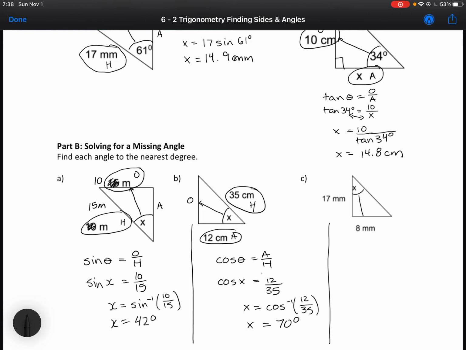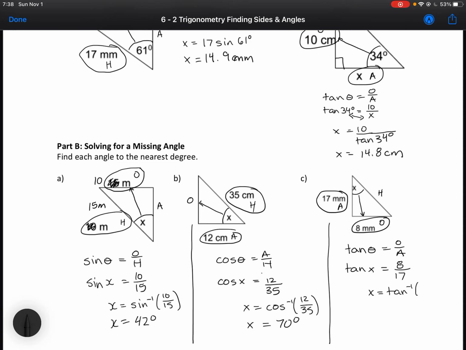Our final example here starts with x, and we're going to identify our sides, opposite, adjacent, and hypotenuse. You don't need to write this down every time, but it is helpful when you are first starting out. Here we're looking for a ratio that uses our opposite side and our adjacent side, which I've already started to write down here, is tan. And now I'm going to substitute what I know and what I don't know: x for my angle, 8 for my opposite side, and then 17 for my adjacent side.